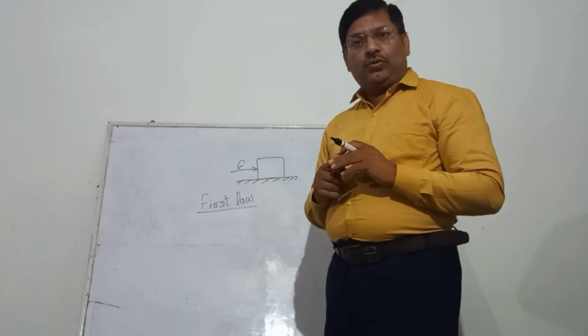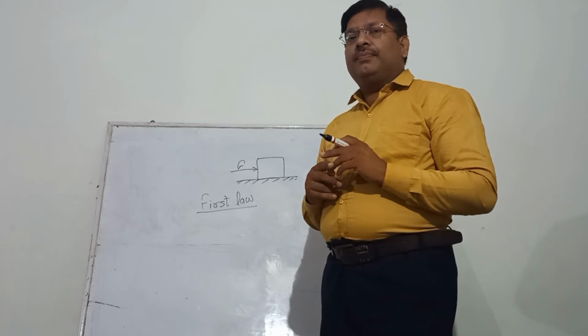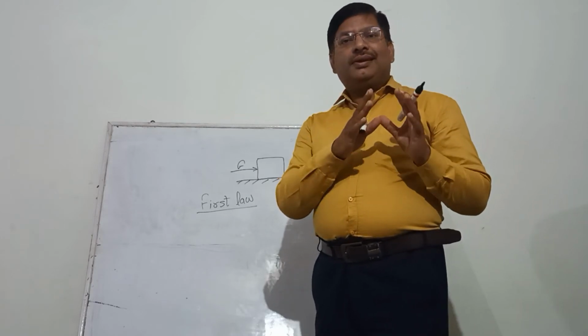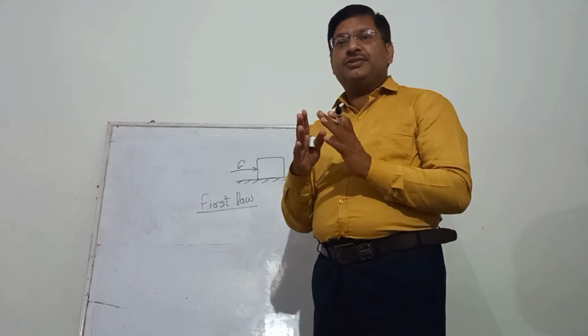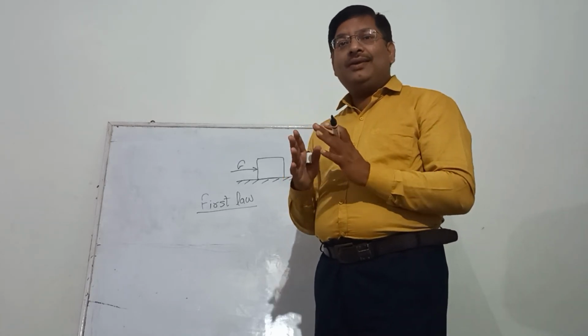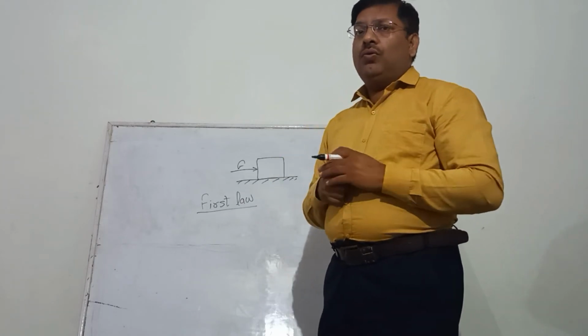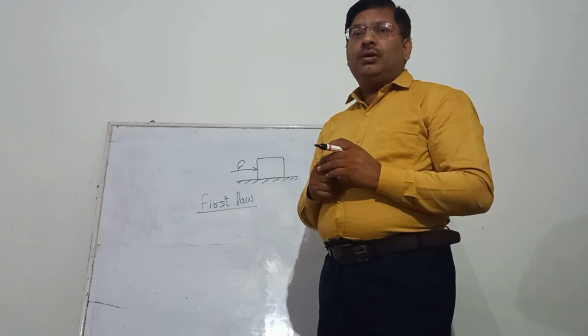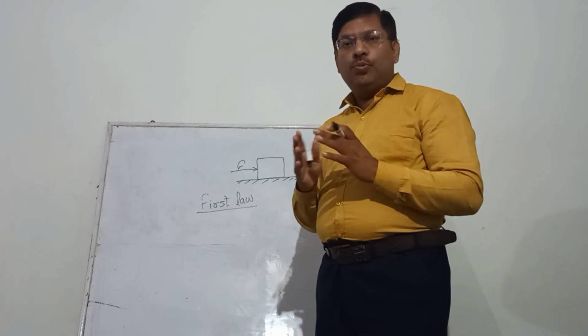Now the second law. The second law states that the resultant force in a direction, or force applied in a direction, is directly proportional to the rate of change of momentum in that direction. Now you know what momentum is? The product of mass and velocity is known as momentum.